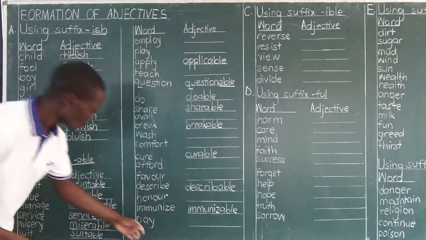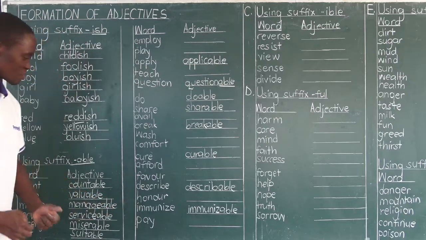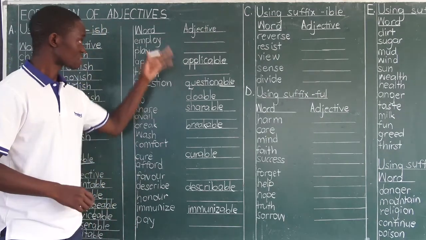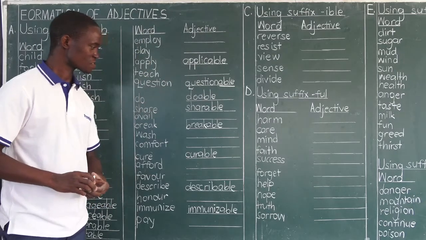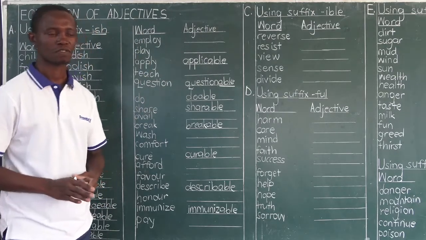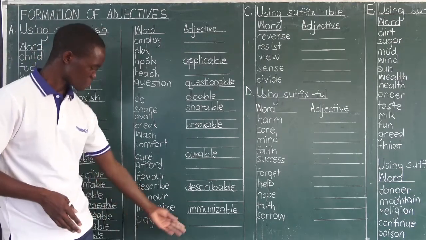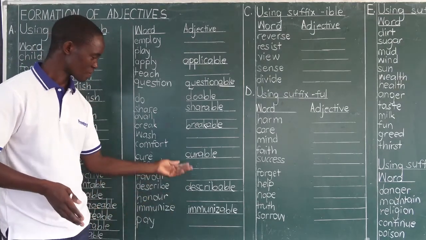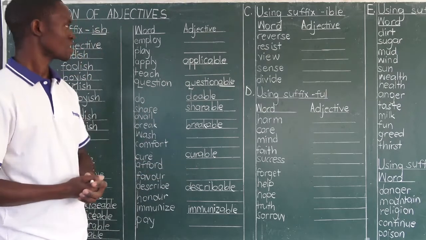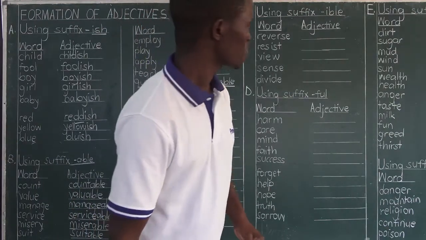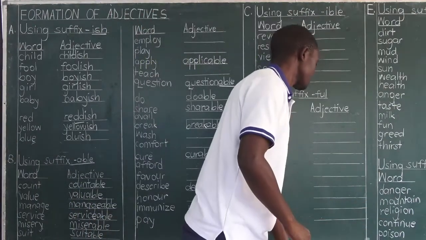Pay is our last word in this category of adjectives that are formed by adding suffix able. Pay, you're going to form that one following the explanation I've been giving in other adjectives. It's that easy. Just add able straight away.